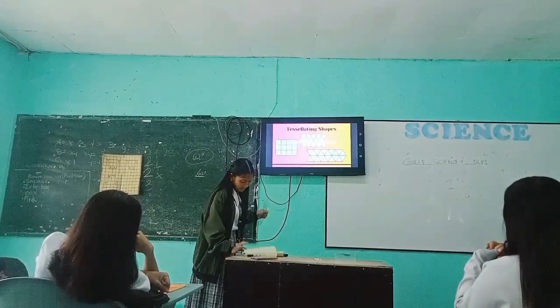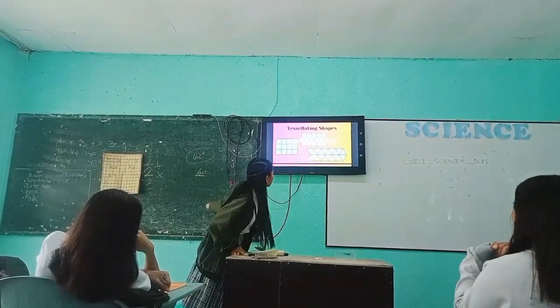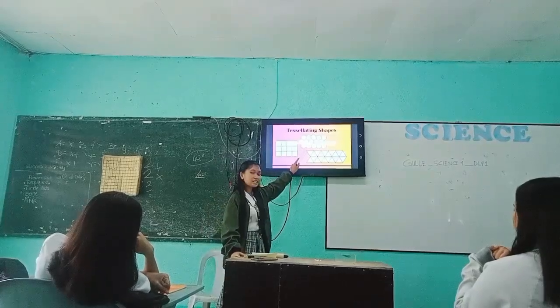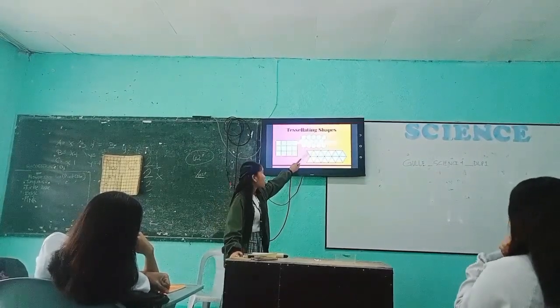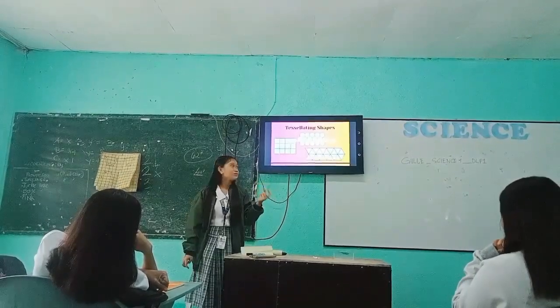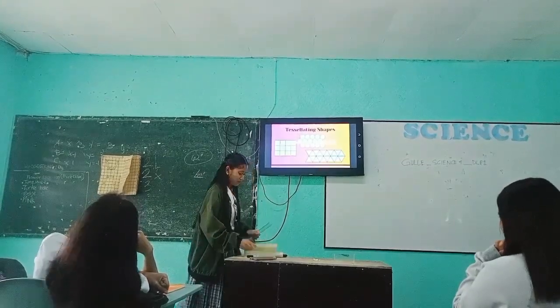Next is the equilateral triangle. So, as you can see, the darker side is the face of the triangle, while the brighter side is reflection of a triangle. Did you get it? Yes. Yeah, get it.